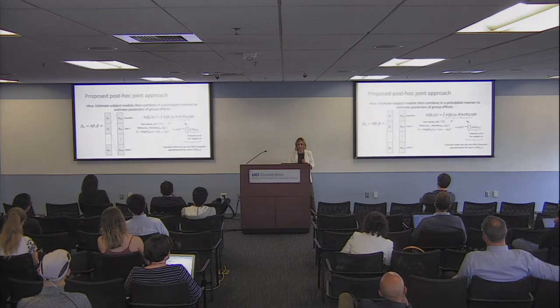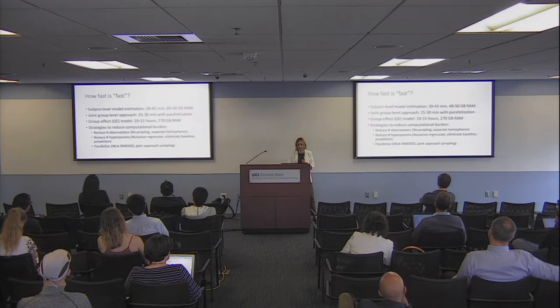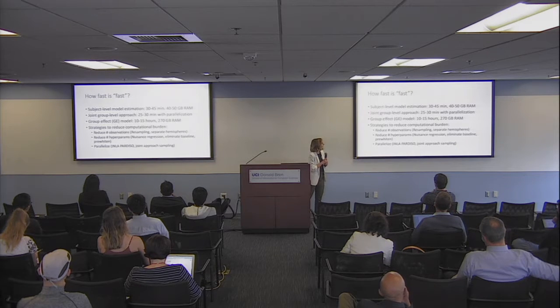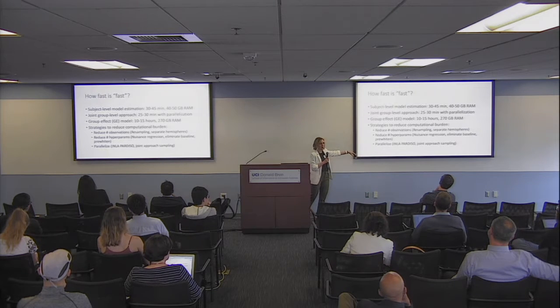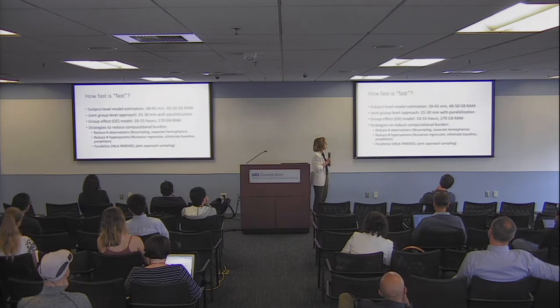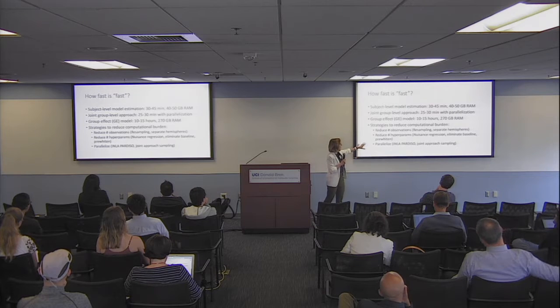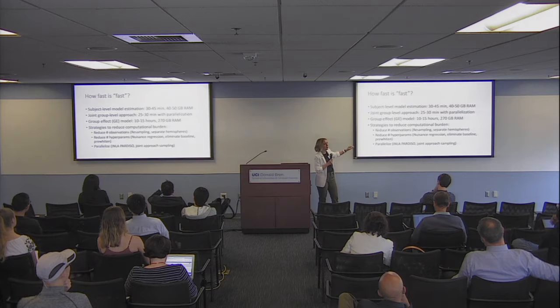All right, so I'm going to skip the details of the simulation study, and I do want to just mention briefly how fast is fast. The biggest thing is to take some steps to reduce the complexity. So we do some resampling, and we separate the hemispheres since they're actually separate meshes. But a big step for us was doing things like nuisance regression, eliminating the baseline field, and pre-whitening the data.